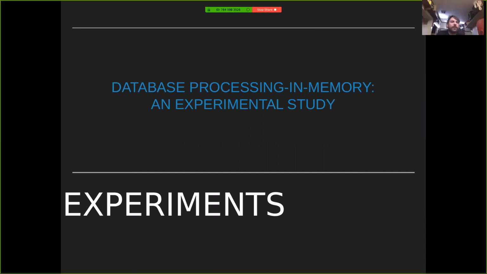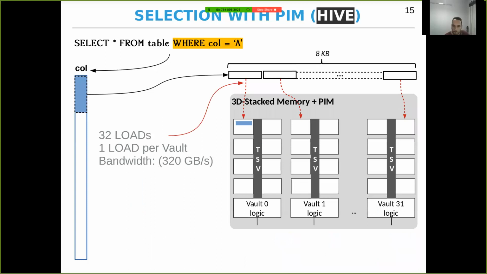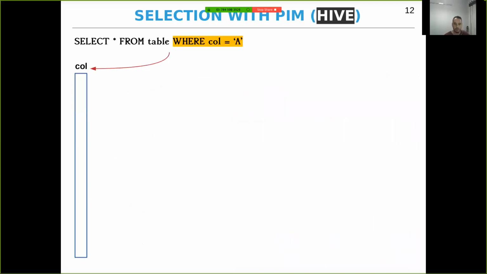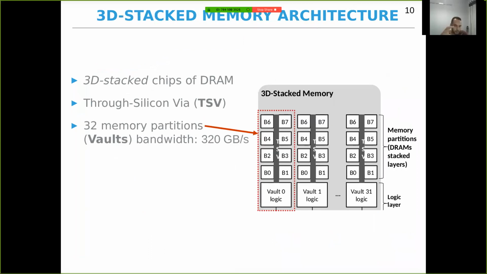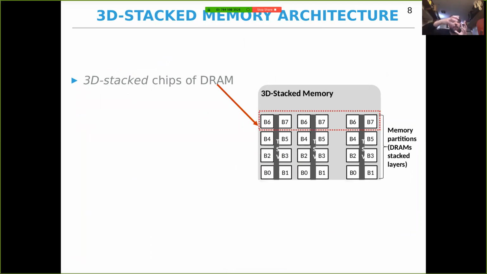Just a stupid question. Is it called 3D because, I mean, the picture you showed was very much two-dimensional? Yes, why is it called 3D? Because it is two-dimensional, but you have a third dimension. It's like a cube, you know? Okay, so these cells, B1 to 6, they are arranged somehow.